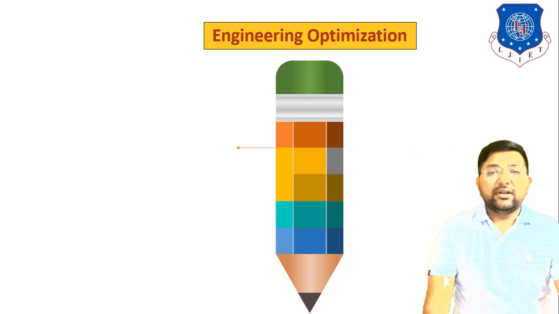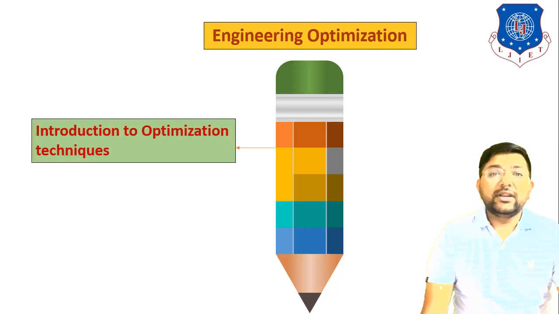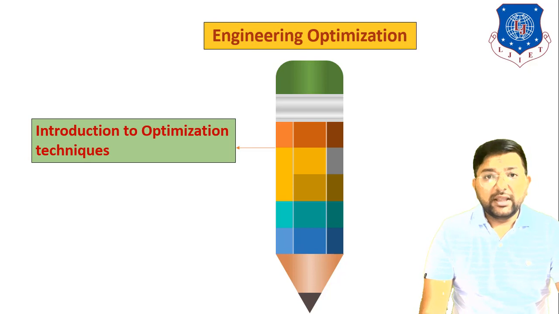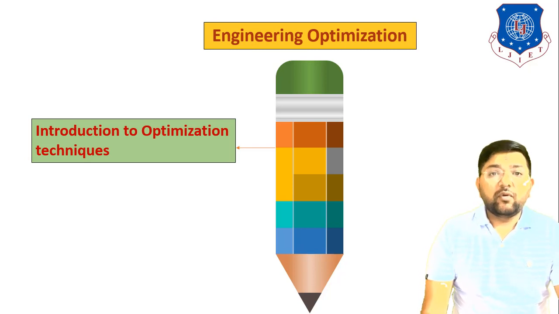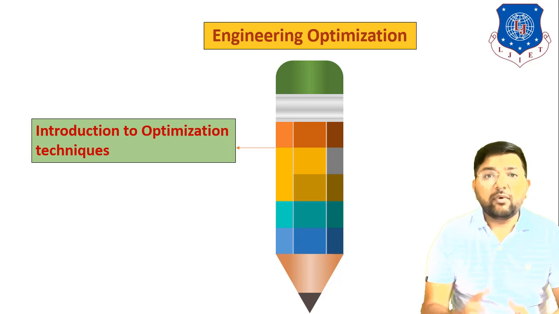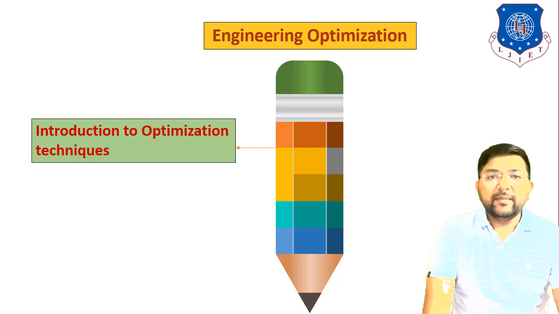So in today's session we have to discuss what the optimization technique is. There are various optimization techniques. First of all, you have to understand what optimization is. Optimization means we have to find the better solution from the given constraints. So this is engineering optimization.